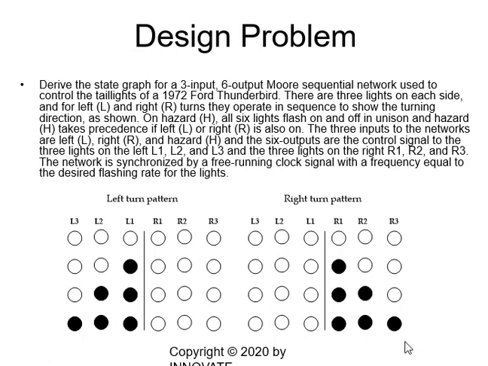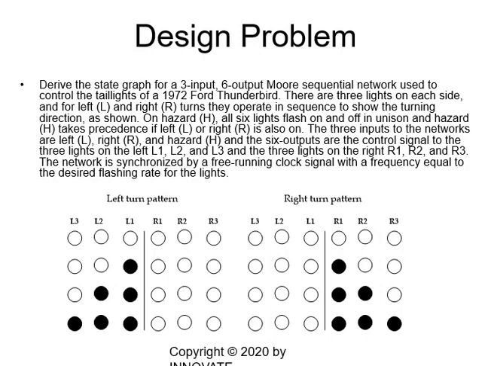When the hazard input signal is requested, all the 6 lights will flash continuously. So all the outputs will be activated and will flash at a specific frequency, and the frequency is chosen by the free running clock that we design to activate the network.